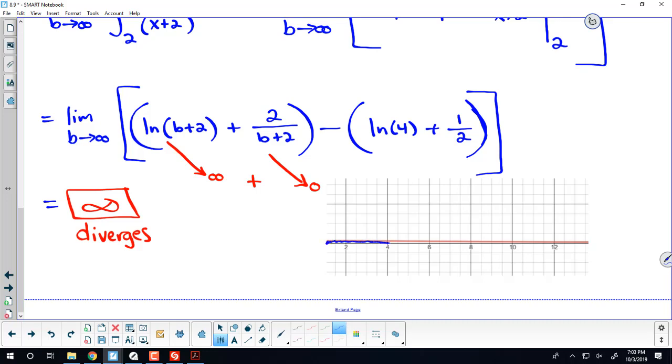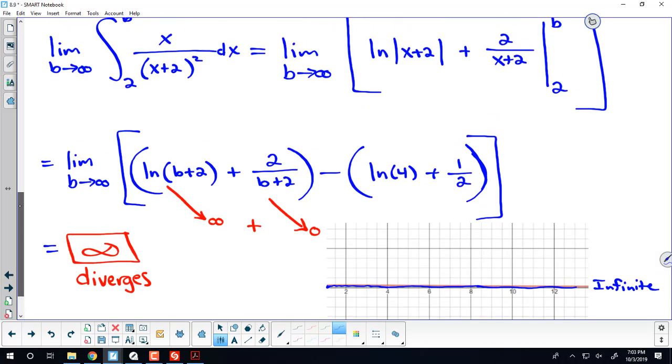So that's infinite area. Okay, anybody have any questions on that?